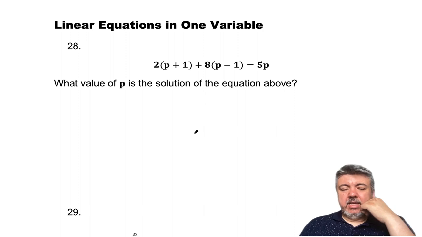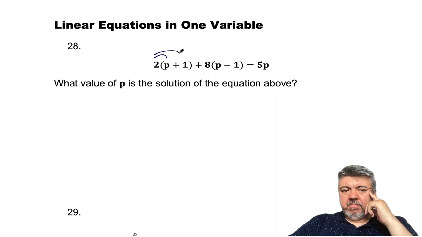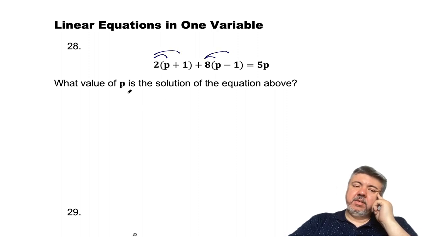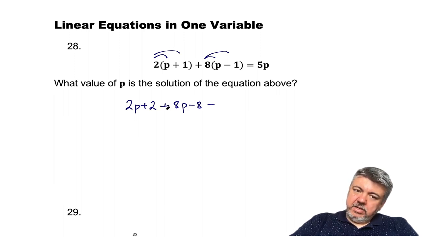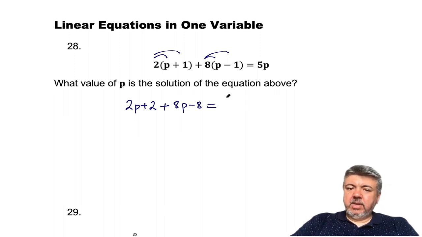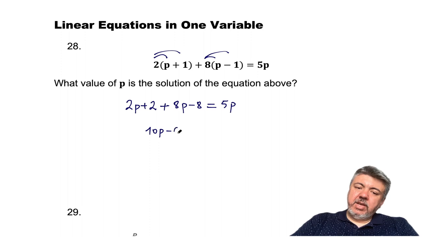Question 28 asks me to find P. And I can do that actually. Just remember, expand, expand, expand. 2P plus 2, 8P minus 8. Oh, sorry, there is a plus here. 8P minus 8 equals 5P. Okay, 10P minus 6 is 5P.